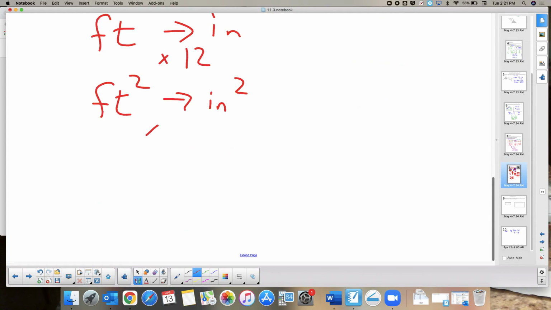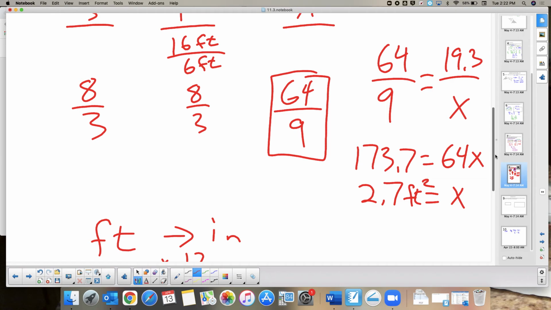So we should be multiplying by 12 squared here, which is 144. So to convert my 2.7 feet squared to inches squared, we need to multiply by 144. 2.7 times 144 gives us 388.8 inches squared.